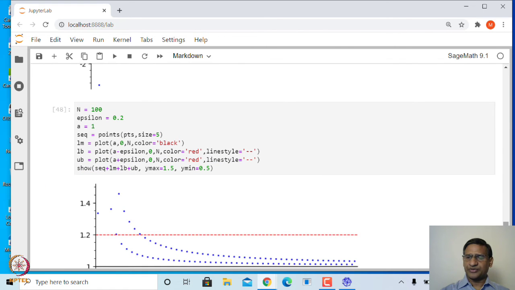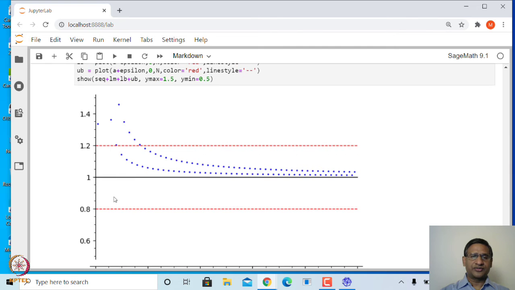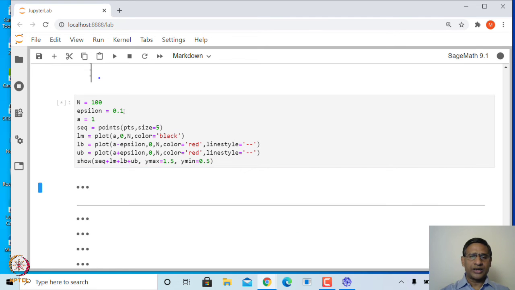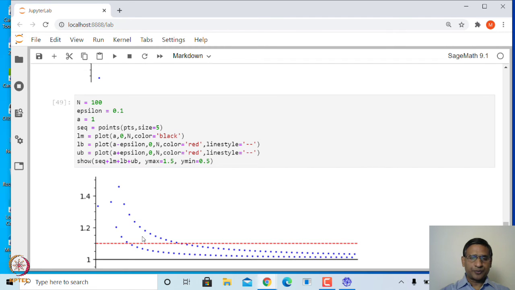So, what happens in this case, you can see this is the band at y equal to 1, 1.2 and 0.8. You can see that after a few terms, all the terms of the sequence lie inside this band. However, if I decrease the band width, so let us say I say 0.1, then you will see that the point after which the terms go inside this band has increased.